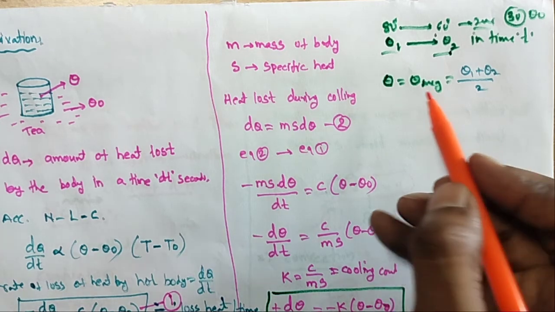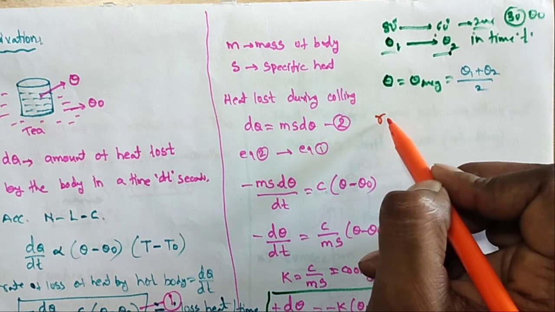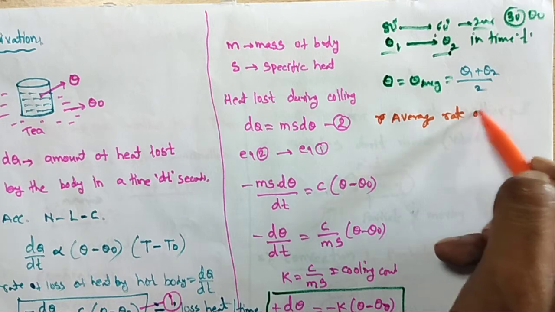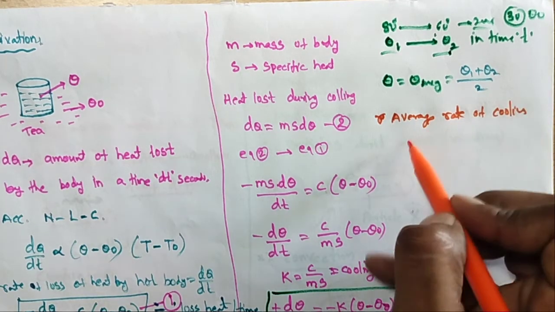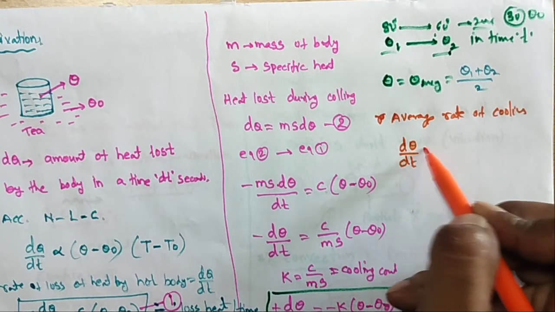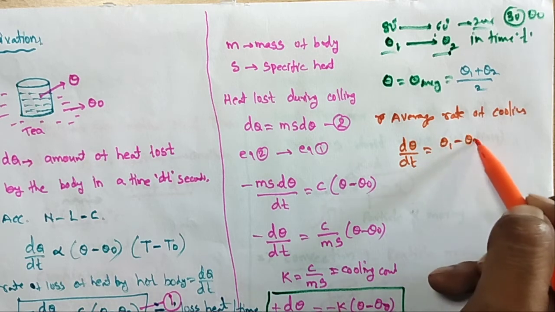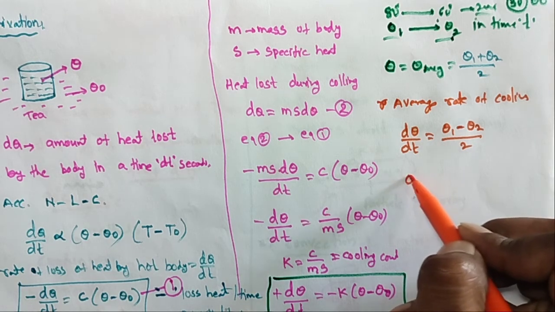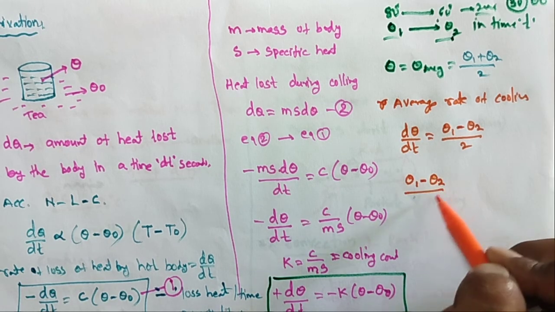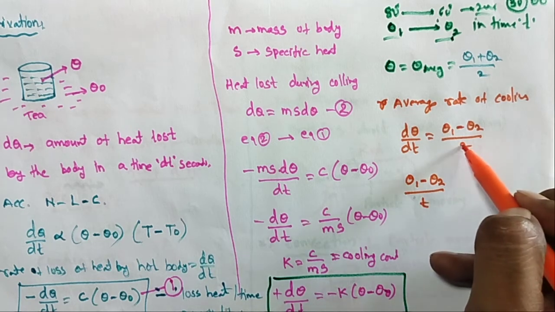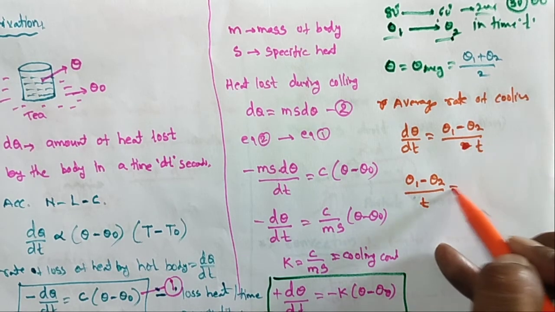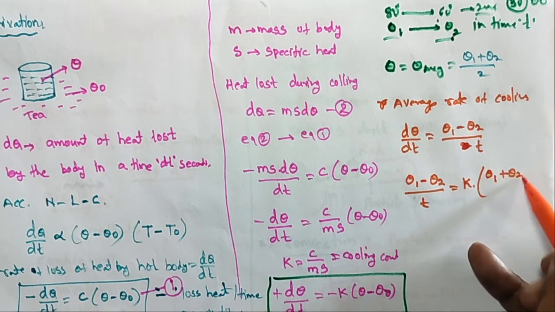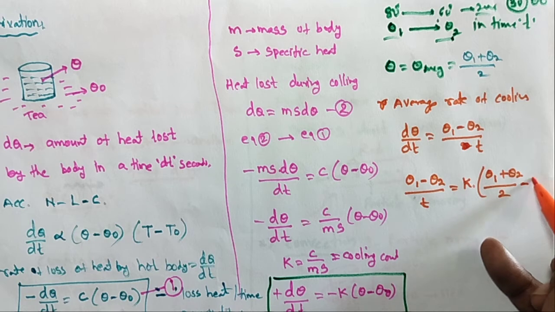Therefore the average rate of cooling, d theta by dt, is equal to theta 1 minus theta 2 by small t. Substituting in this equation, theta 1 minus theta 2 by small t is equal to k into theta 1 plus theta 2 by 2 minus theta naught.